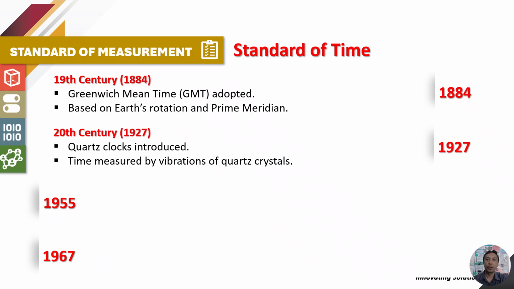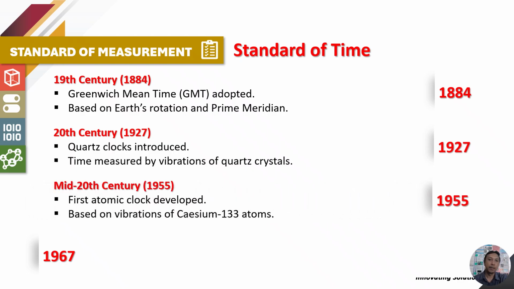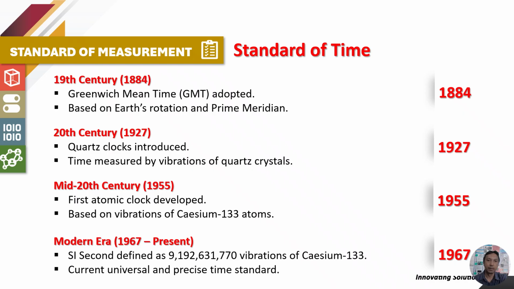They measured time using the vibration of quartz crystals, giving much better accuracy. By the mid-20th century, the first atomic clock was developed using vibration of cesium-133 atoms. And since 1967, the SI second has been defined as exactly 9 billion vibrations of cesium-133. This is our current precise and universal standard of time.